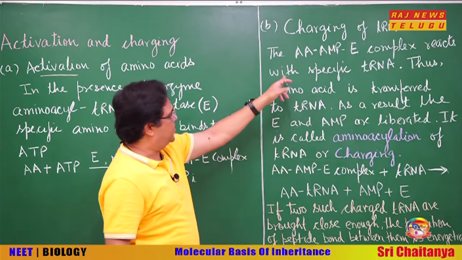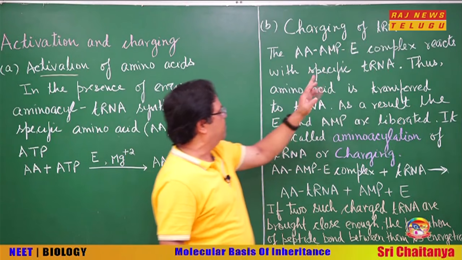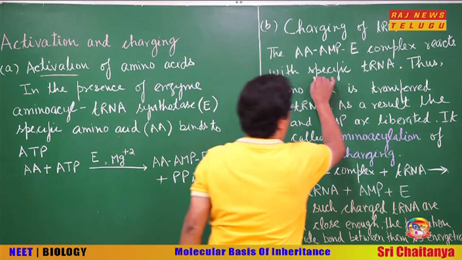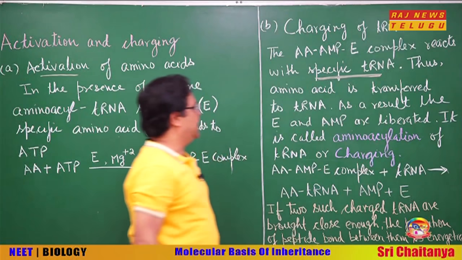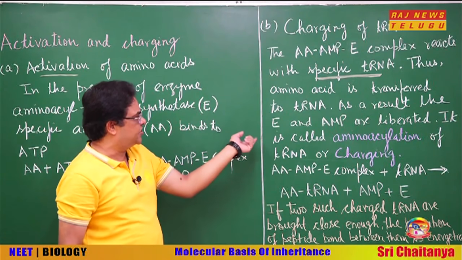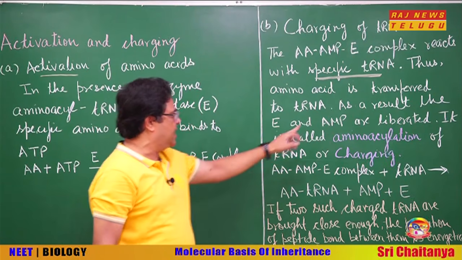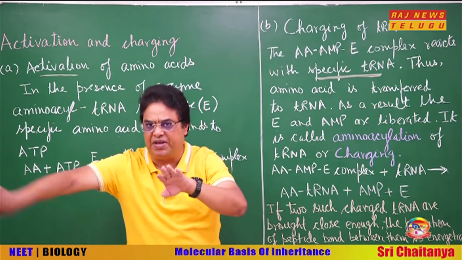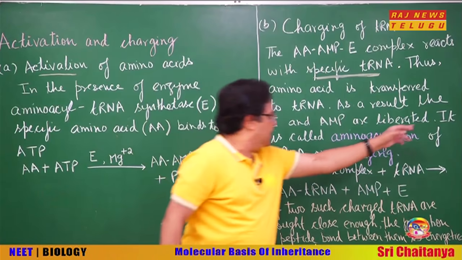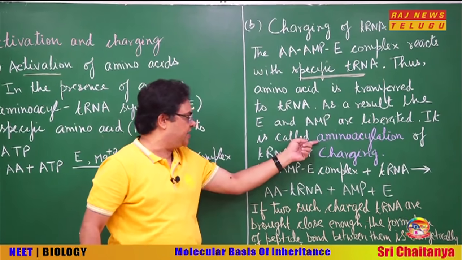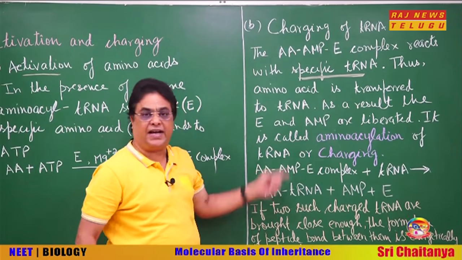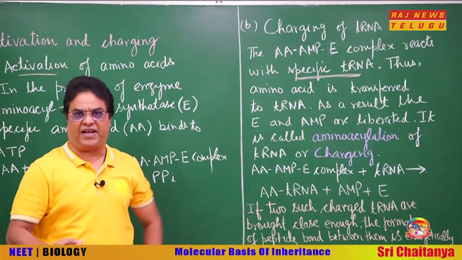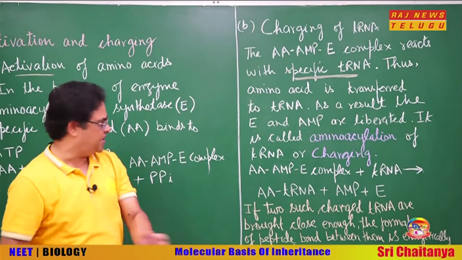So the amino acid AMP enzyme complex reacts with the specific tRNA. Thus, the amino acid is transferred to the tRNA. As a result, the enzyme and the AMP are now liberated. It is called amino acylation of tRNA or charging of tRNA, because now you have given energy to the tRNA.